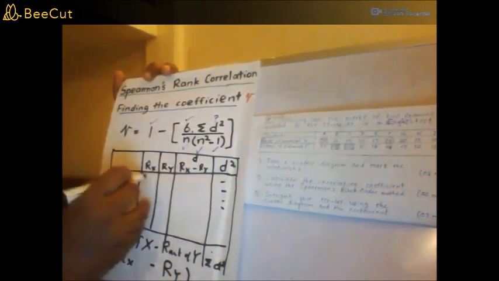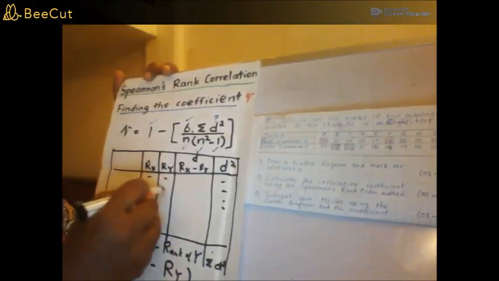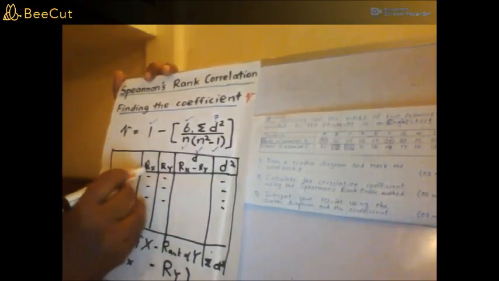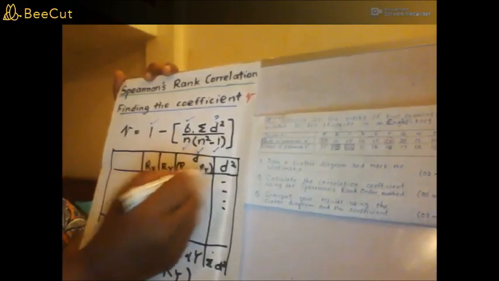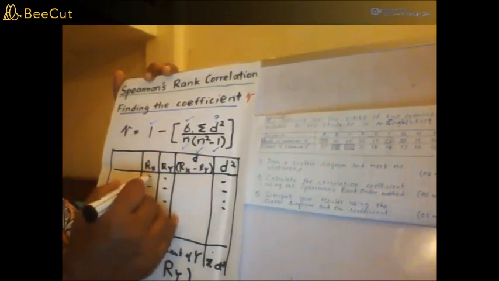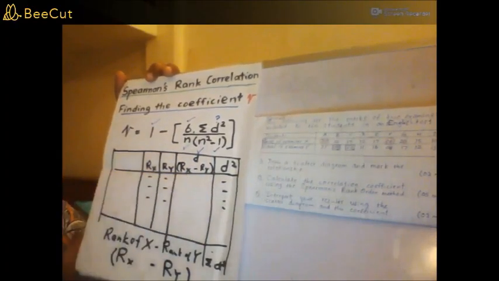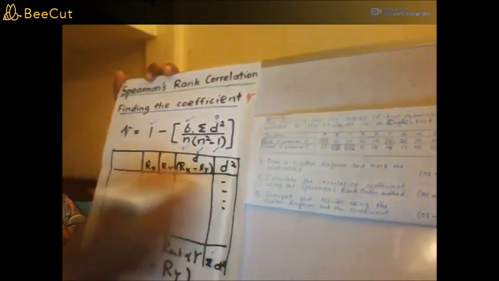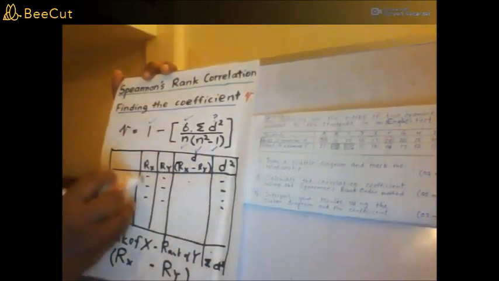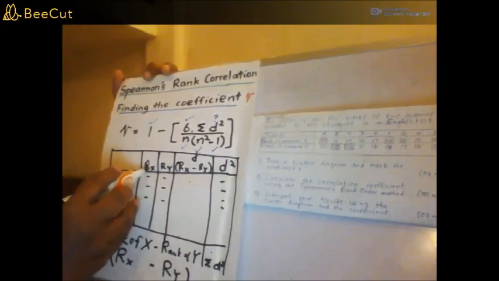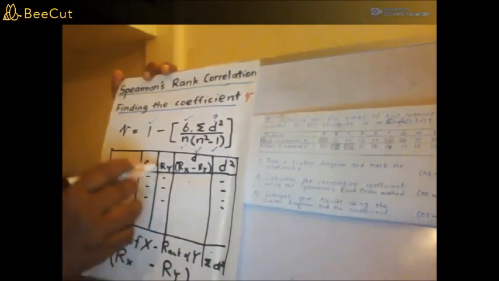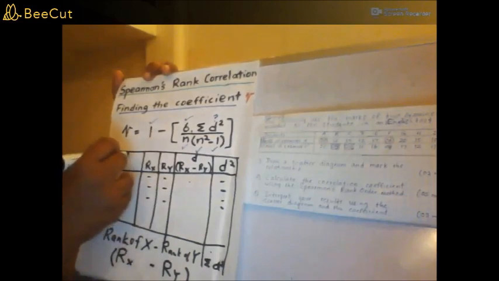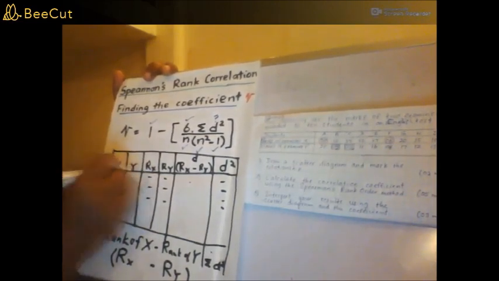If we know the rank of x and rank of y, we get this difference, x minus y, here. So we know d and we have to square it. Now to get the ranks, we have to have x values and y values. So we need two more columns, x column and y column.